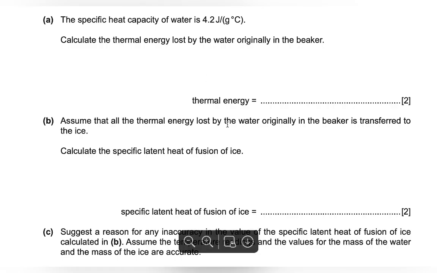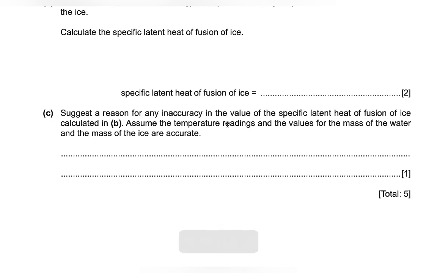Now let's move on, and these are another 2 marks which you have gathered. Suggest a reason for any inaccuracy in the value of the specific latent heat of fusion of ice calculated in B. Assume the temperature readings and the values for the mass of the water and the mass of the ice are accurate.